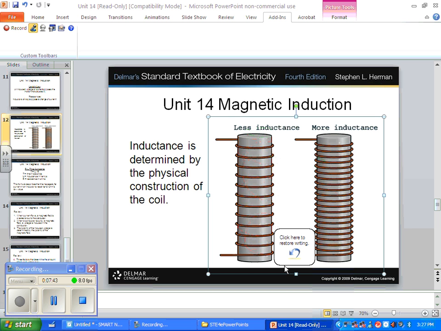So if we put this winding over the top of this winding, now they're wound the same way, right? And we run current through this one with fewer loops, and this other one with more loops is over the top of it. What's going to happen? This current is going to induce current into this other winding.